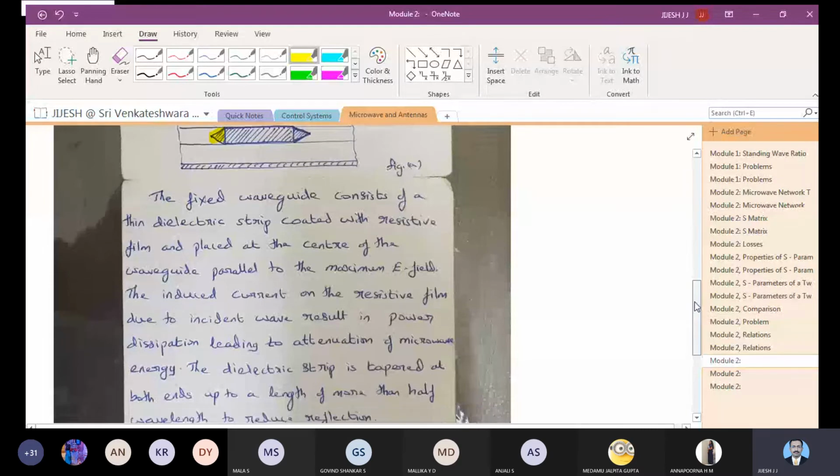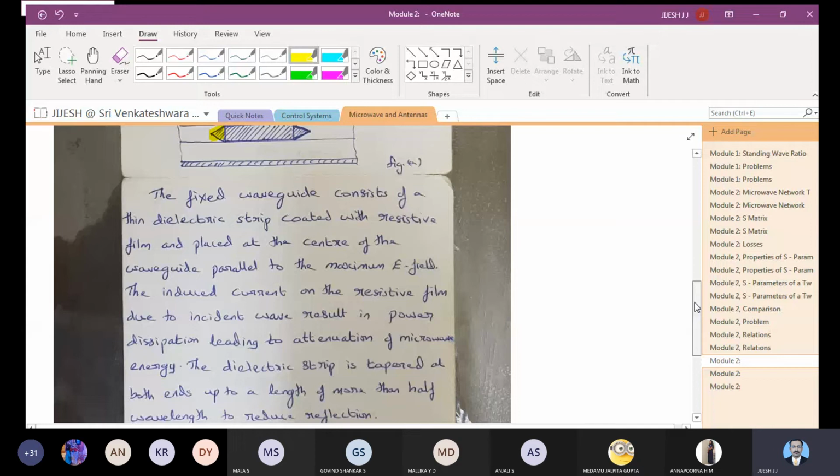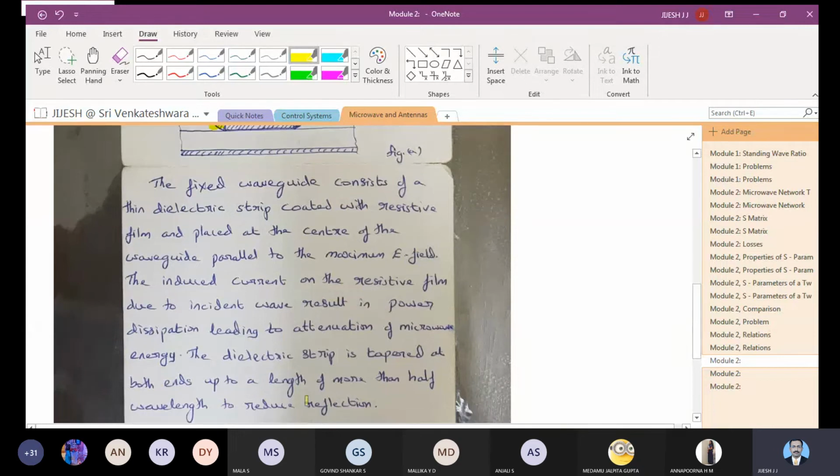So in the fixed attenuator, it consists of a thin dielectric strip coated with resistive film, placed in the center of the waveguide and parallel to the electric field.